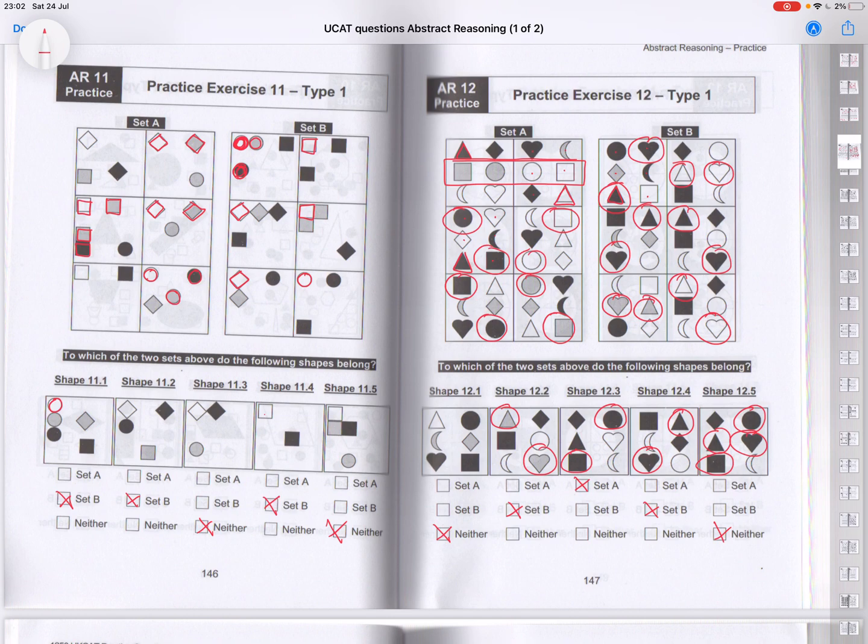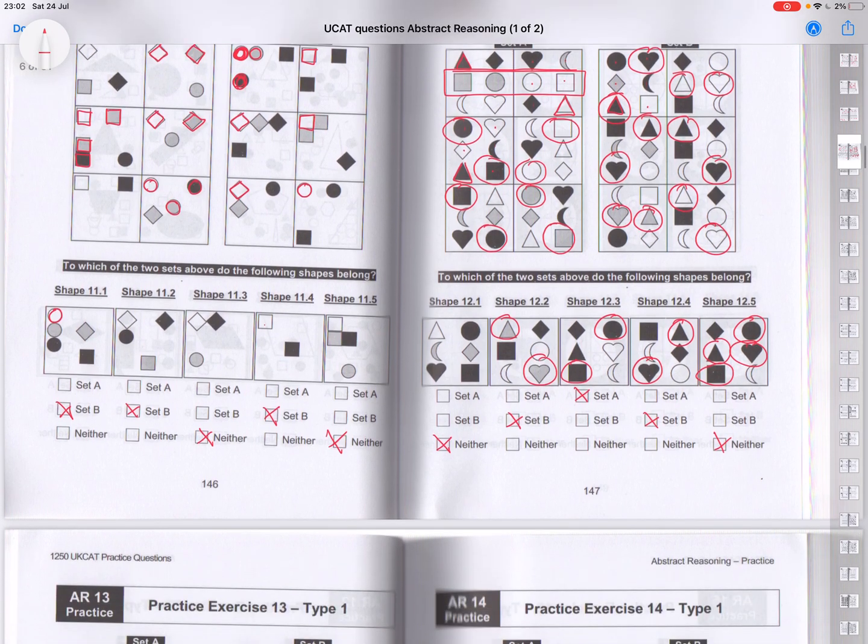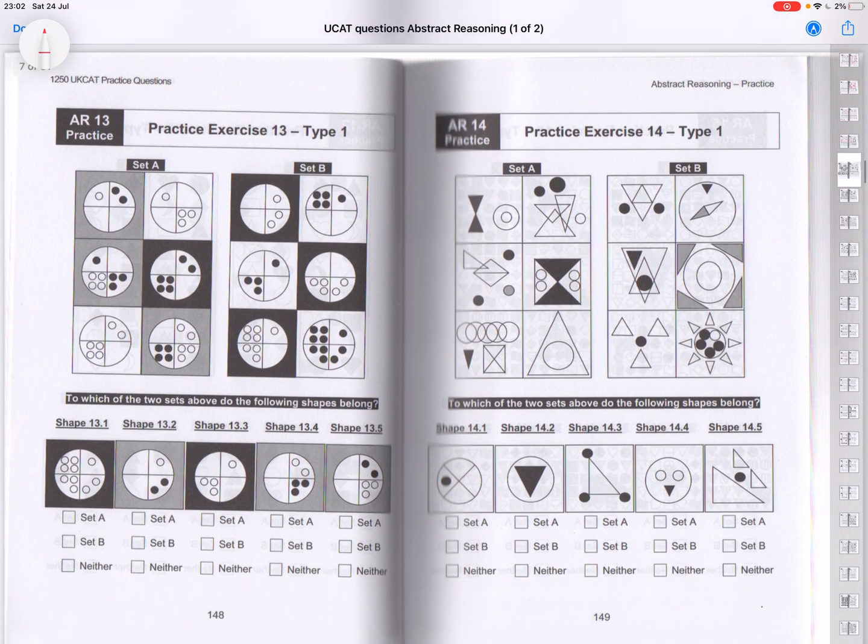Okay, so let's have a look at practice 13.